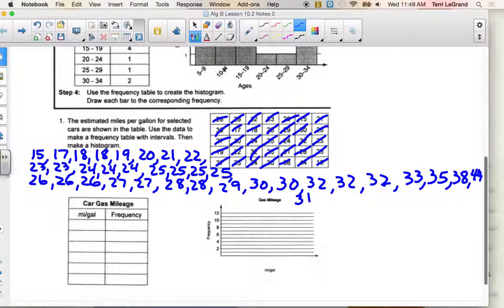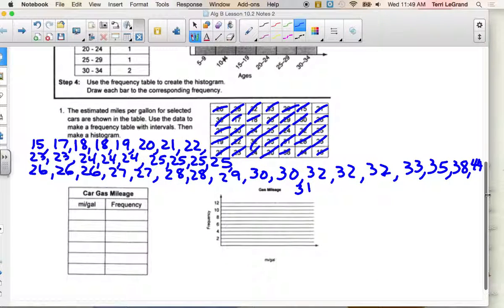Okay. Now the next thing we have to do is decide the width of our intervals. It has to be equal. What is the smallest number? 15.